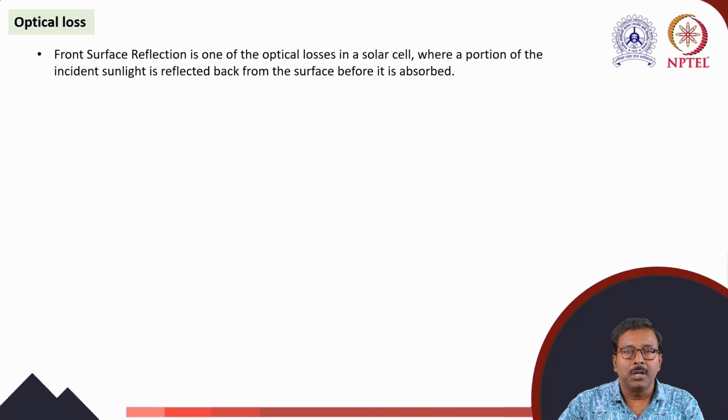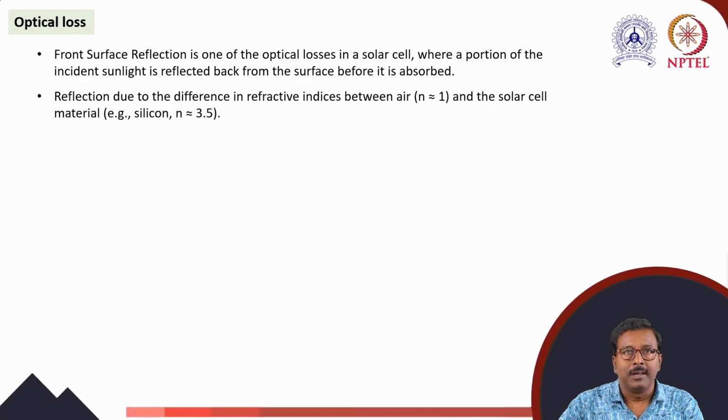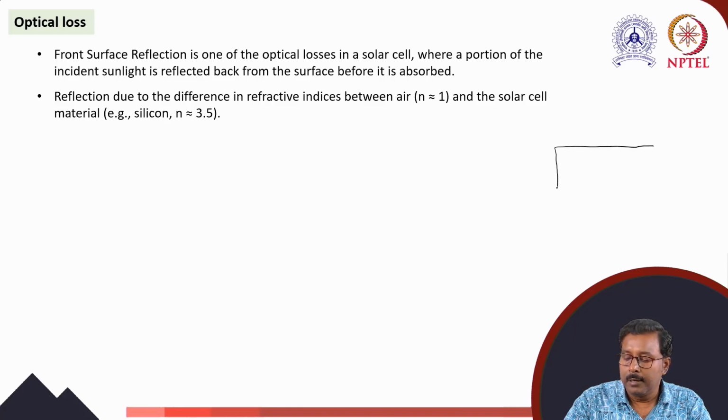and the portion of light reflected back to the air will not be used for absorption in a solar cell. Suppose this is a solar cell structure. Suppose we have the solar cell front surface like this.